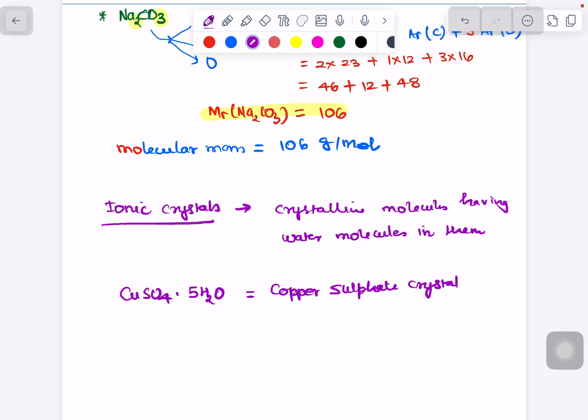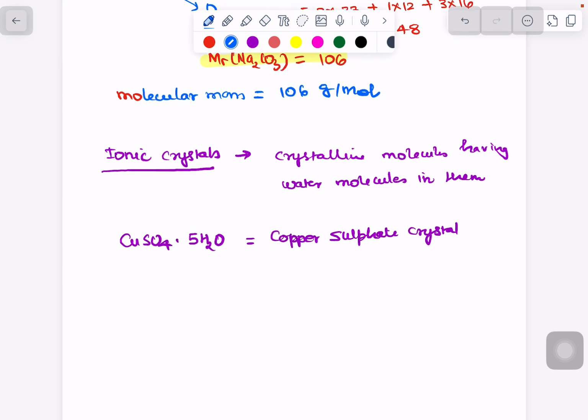Now here one thing you need to remember. These are copper sulfate crystals, and then we have CuSO4. This is also copper sulfate, but this is a powder form, not crystal. We'll say copper sulfate. We don't say crystals here.